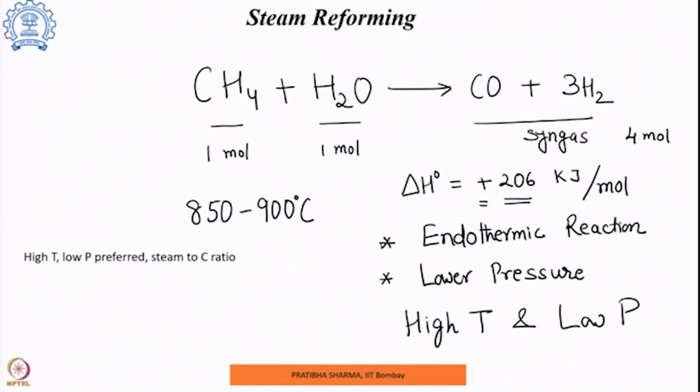At the same time, if we increase the pressure, the size of the reactor is reduced and there is better throughput. So these are operated at a higher pressure, usually somewhere around 2 to 2.5 MPa.